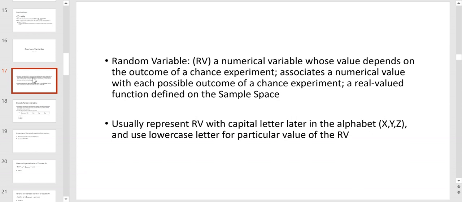You'll also see lowercase Roman letters like x, y, and z, and u, v, t if you need more. The distinction is that the capital is the random variable, and the lowercase is a particular value of that random variable. You may see that throughout my slides. I don't make a terrible stink of it, but I did want to mention this, especially for those of you who are planning to move on, if not simultaneously taking a probability course.